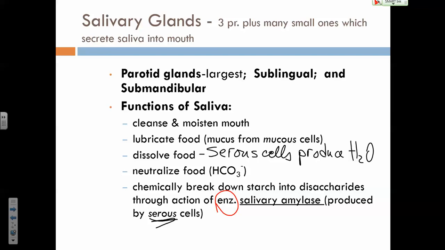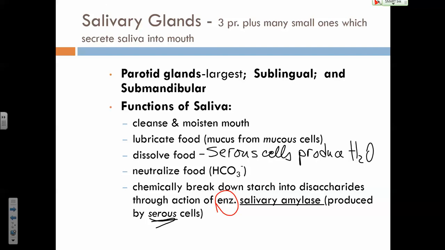So it's starting the process of carbohydrate digestion. The final process of carbohydrate digestion will be to get the disaccharides down to monosaccharides, which are small enough to be absorbed. But this starts carbohydrate digestion. So make sure you know that salivary amylase breaks down starches into disaccharides, into double sugars.